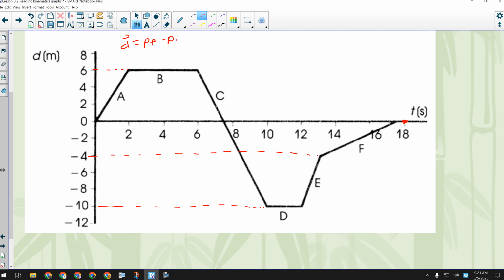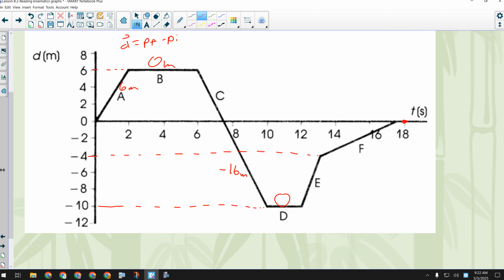Final position minus initial position always tells us how far it went and in what direction for that particular time interval. So here 6, here 0. For this one we go from positive 6 to negative 10. How far is that? 16 meters. Negative 16 if we're talking vector quantities, but we're not. I'm going to write it as negative 16 and then just ignore that later.